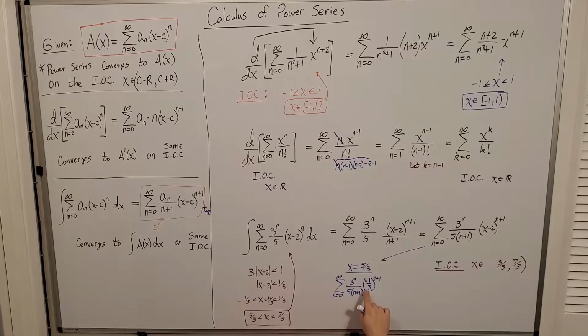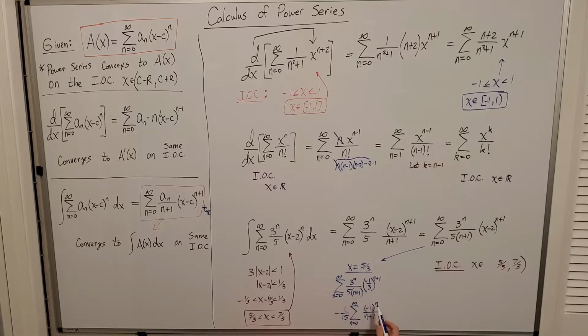Okay? Now, of course, the plus 1 is just an extra, and so is that 5. So really, I can just pull out a negative 1 over 15, because it'll be the 3 times the 5 in the denominators. That's an extra 1/3, and the extra 1/5, and an extra negative. And the rest of it will be 1 over 3 times 3. I'm going to get negative 1 to the n over n plus 1.